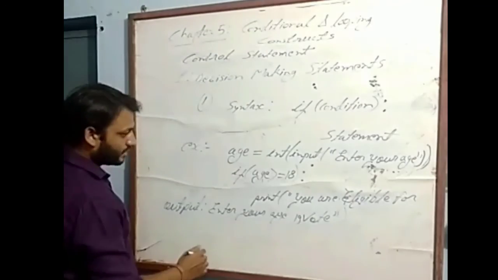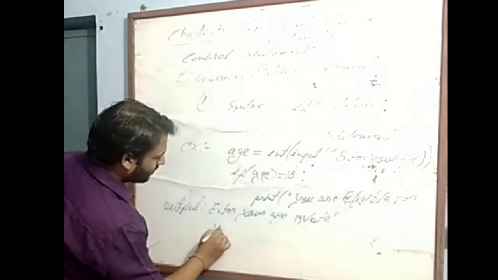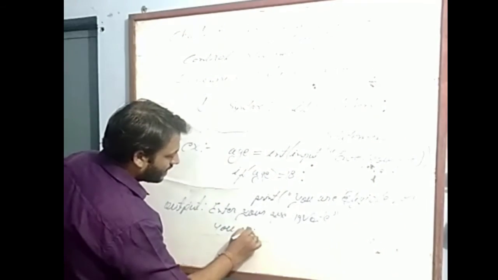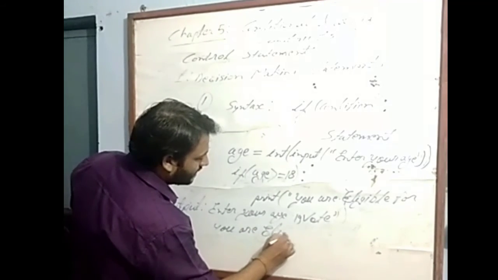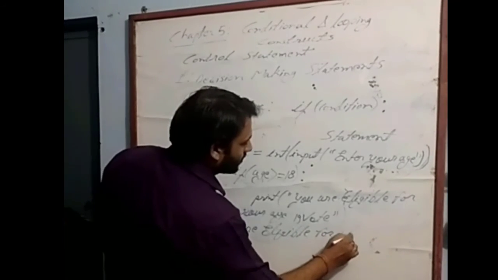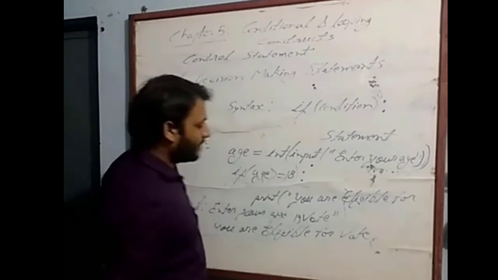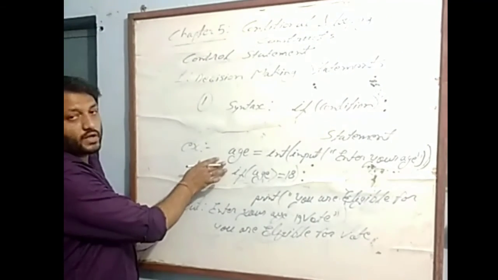What you will get is "you are eligible for vote." That statement will be executed. So this is your output and this is your program.